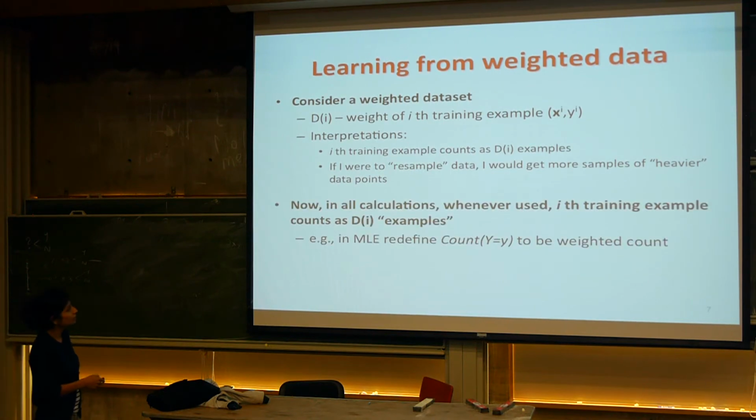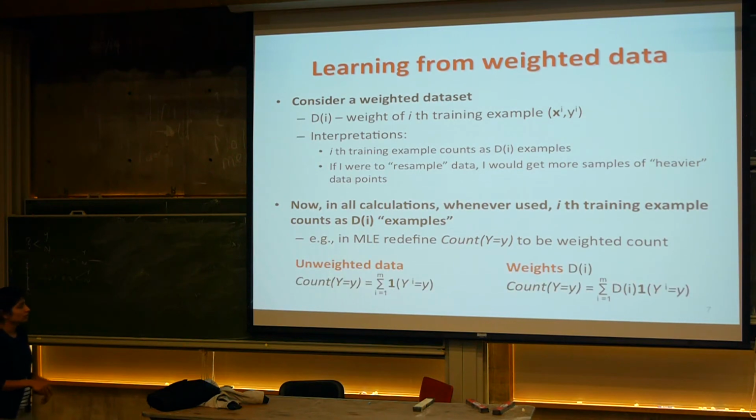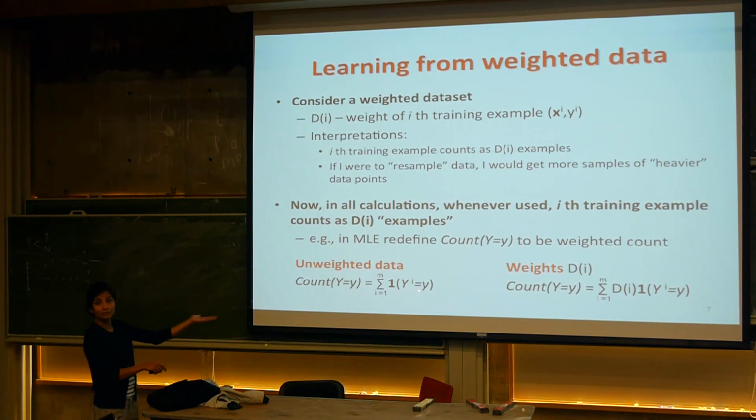And how you learn on it is that in your calculation, for example, you're doing maximum likelihood estimation, and the counts show up, right? So something like the count of a variable taking a particular value shows up. When we estimate these counts, a count was how many times, if we have m data points, the label was equal to little y.